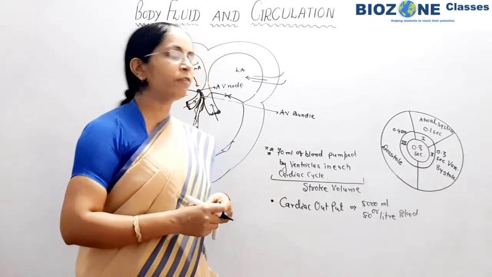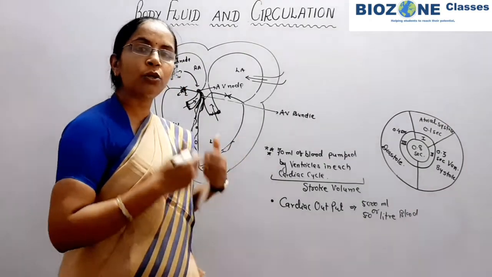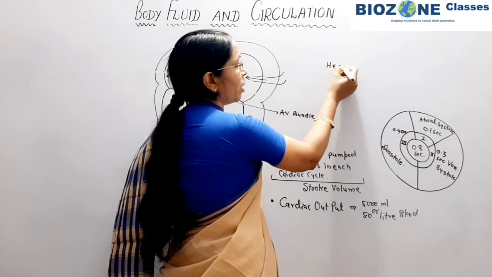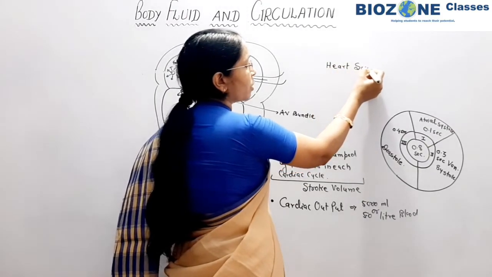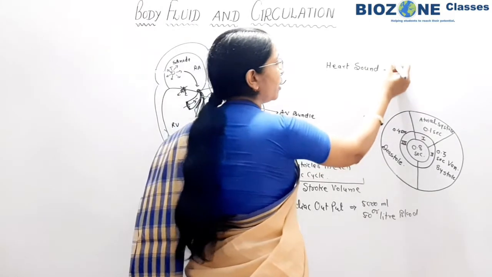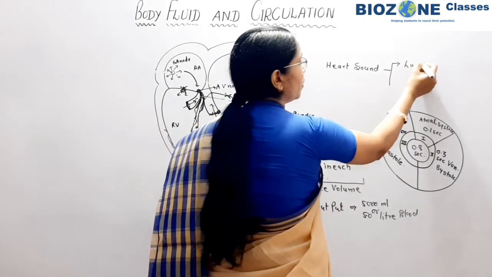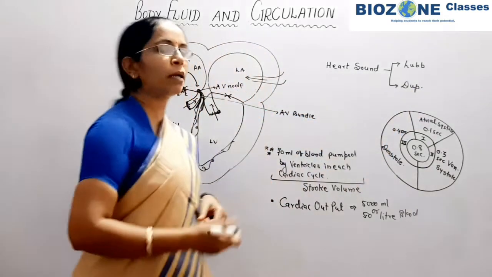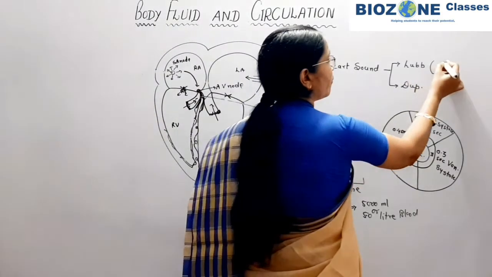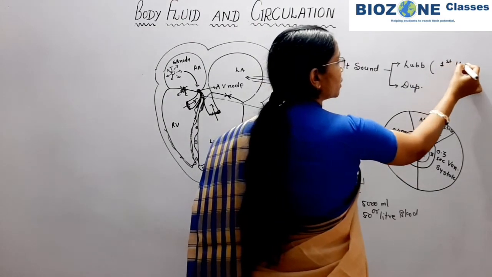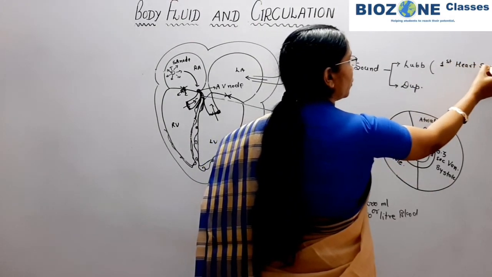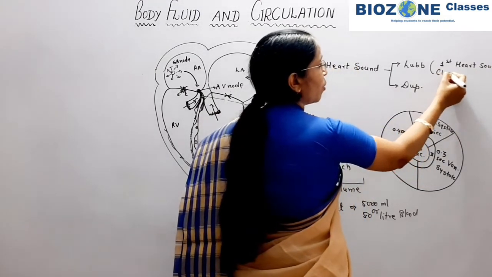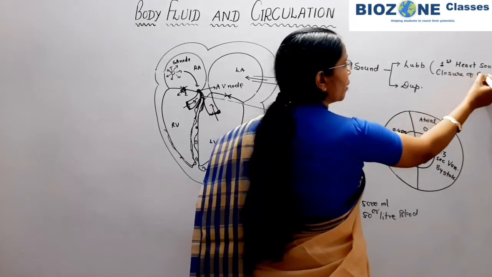Another part when we study the cardiac cycle is the heart sound. Two types of heart sound we generally study. One is called lub and the second is called dub. Clear? Lub is the first heart sound, and it is produced by the closure of the cuspid valve.